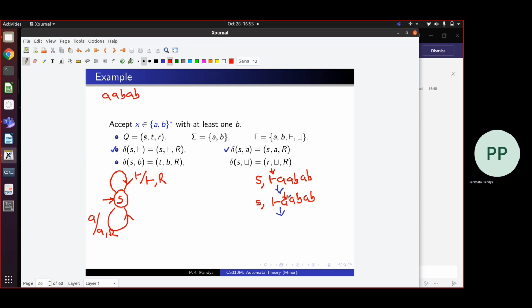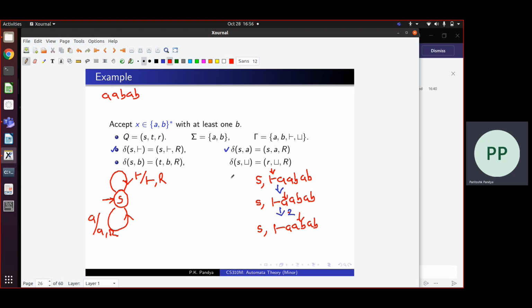I will get S. I will rewrite back A here and the head will move to this A. Again, I will apply one more. So by making two moves, what will I reach? I will reach a configuration which looks like this. I will remain in state S. My tape will not be changed, A, B, A, B, but my head will come here.